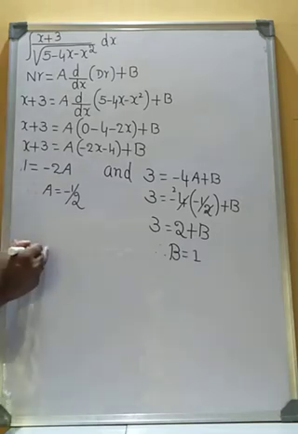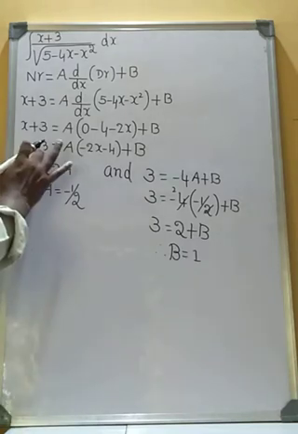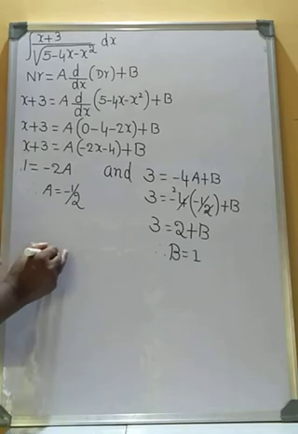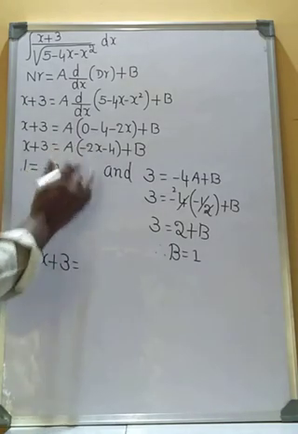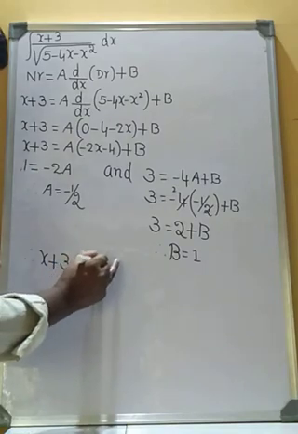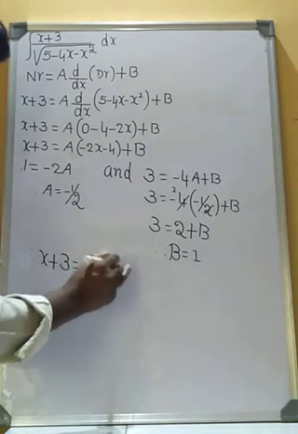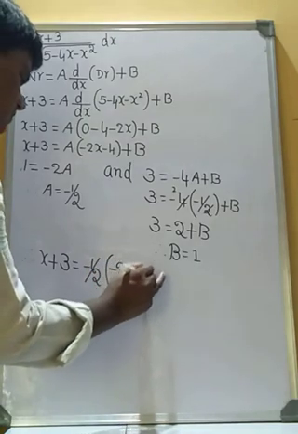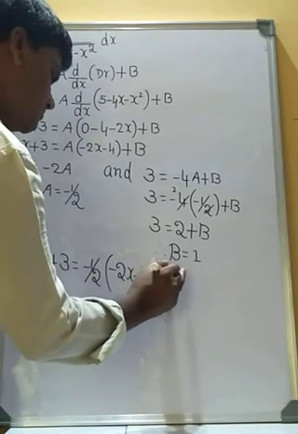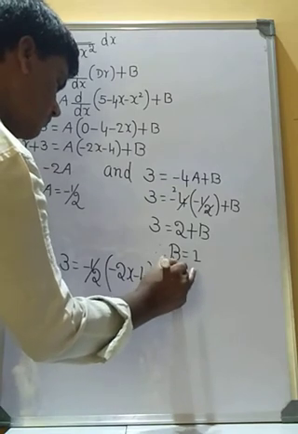So therefore substitute in this equation: x plus 3 equals, what is a, minus 1 divided by 2 into minus 2x minus 4 plus b is 1.